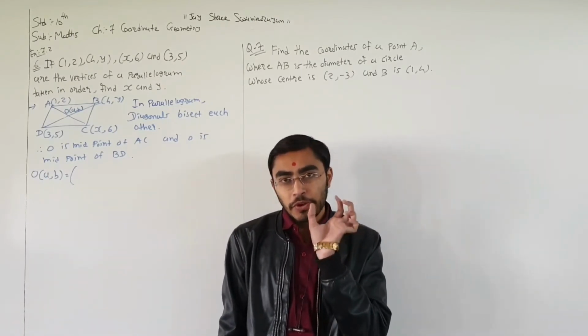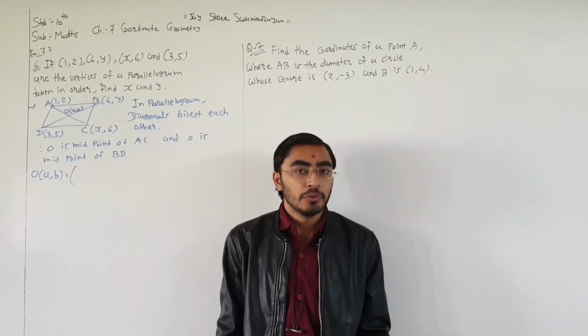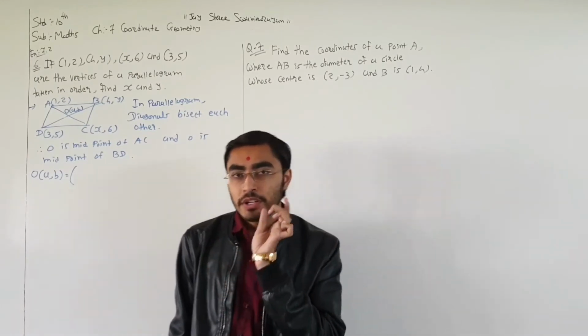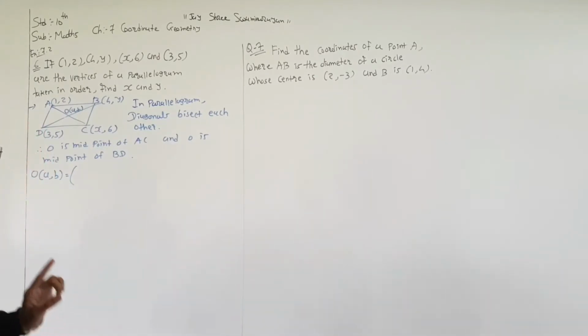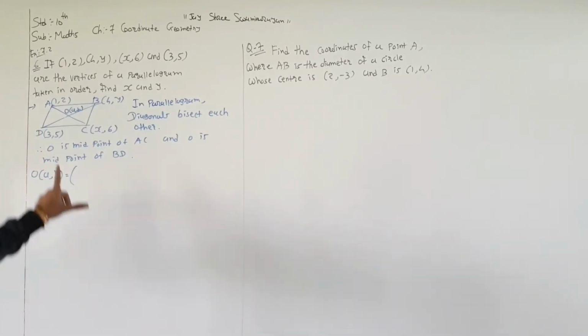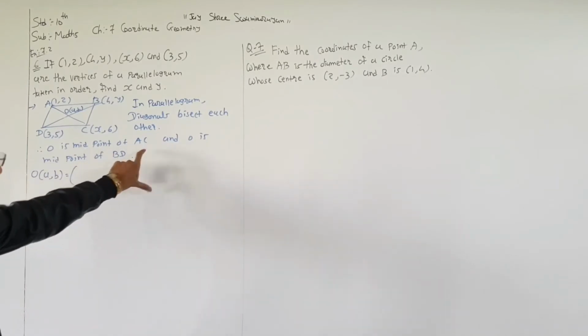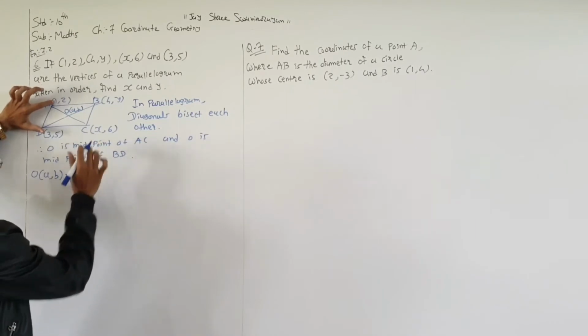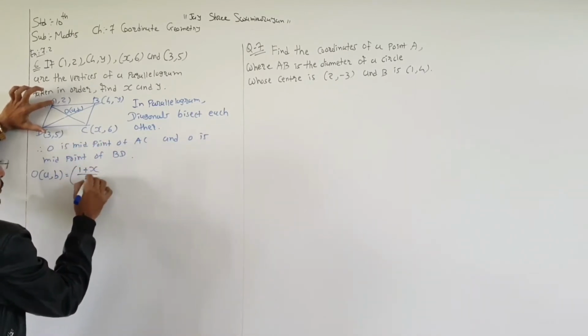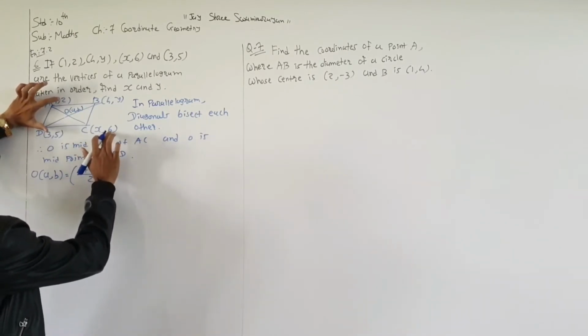That means addition of x coordinates divided by 2, addition of y coordinates divided by 2. Now here, first of all, we are using that O is the midpoint of AC. For A and C, the x coordinates are 1 and x, so (1 plus x) divided by 2. Then the y coordinates, (2 plus 6) by 2.